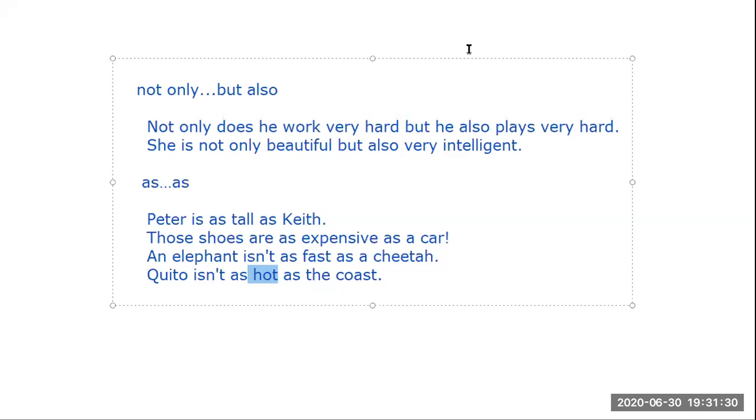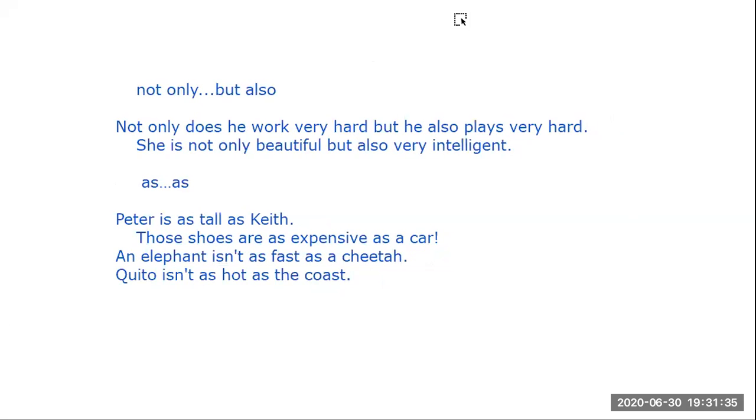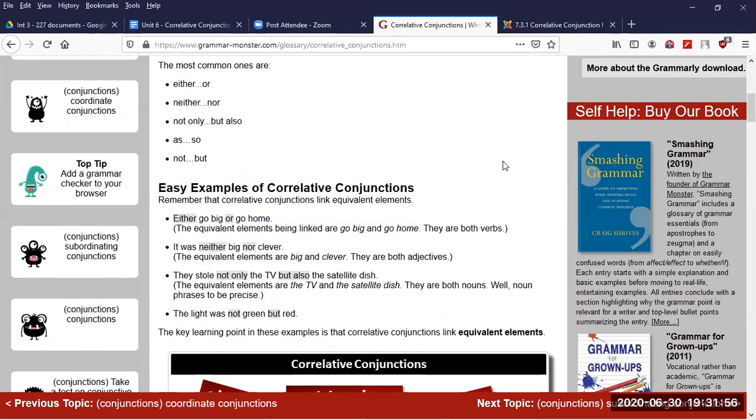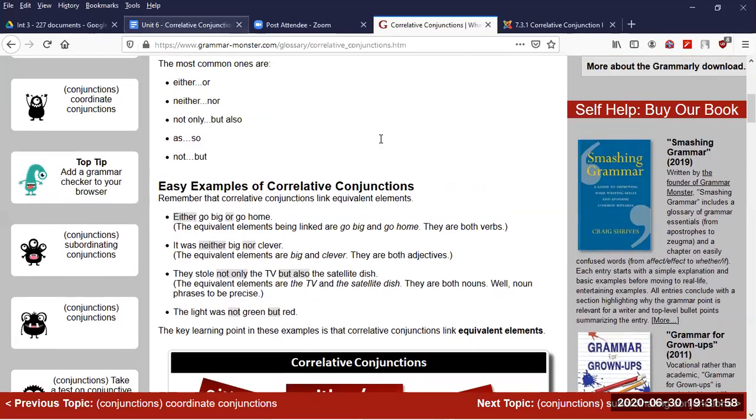So let's have a look. We'll start with this one.